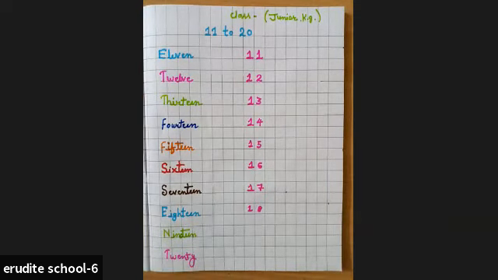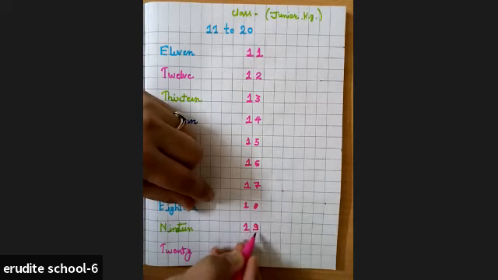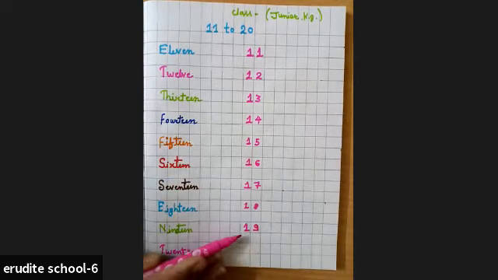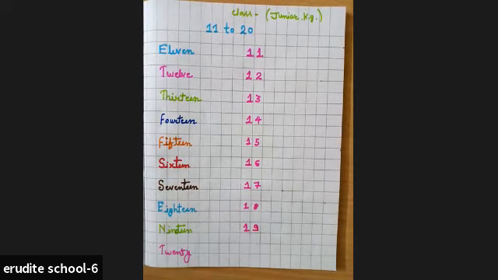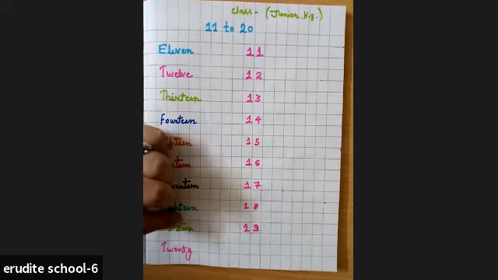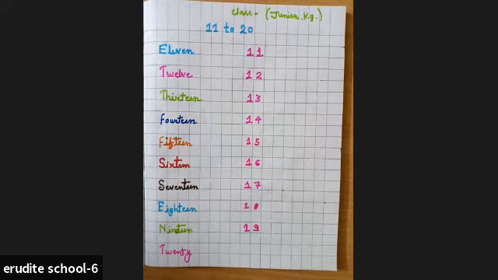Okay. So now next number, 19. 1, 9, 19. 1 and 9. Spelling of 19. N I N E T E E N. 19.